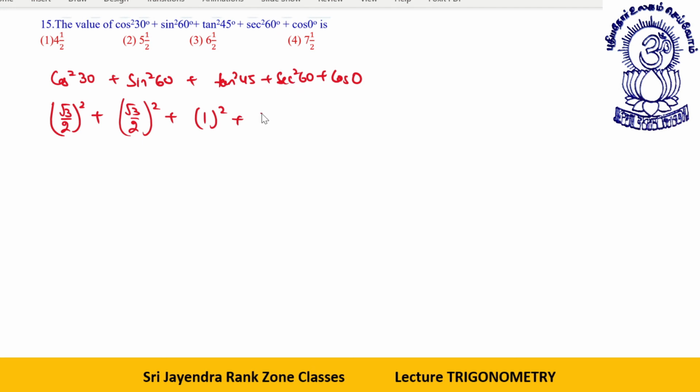Cos 60 is half, so that will be 2 square. Cos 0 is 1. This is 3 by 4, 3 by 4, 1 plus 4 plus 1, 6, then 3 by 2. That is 7 and a half. Option number 4 is your answer. Next one.